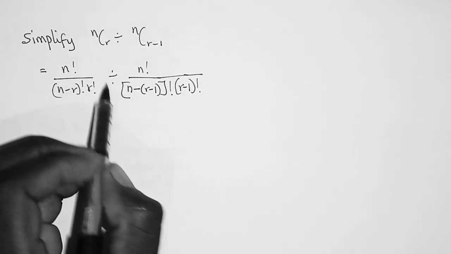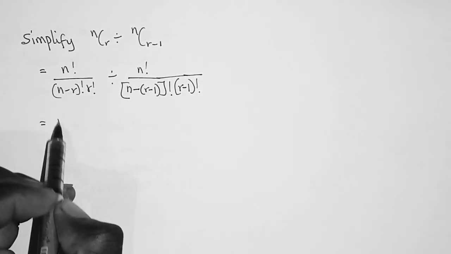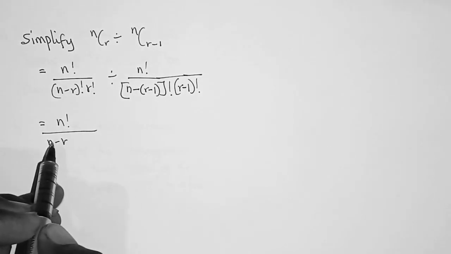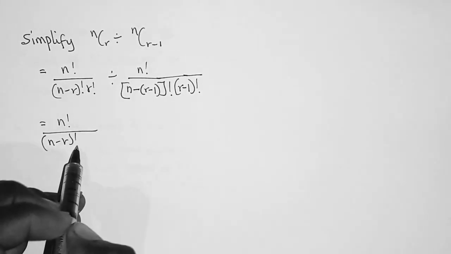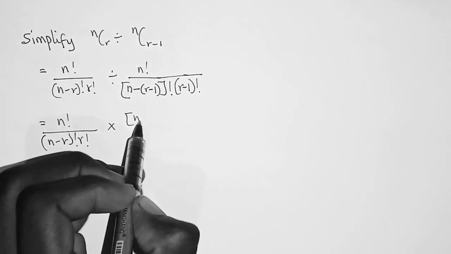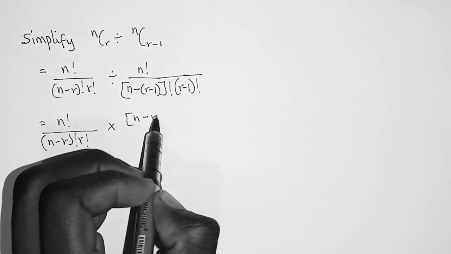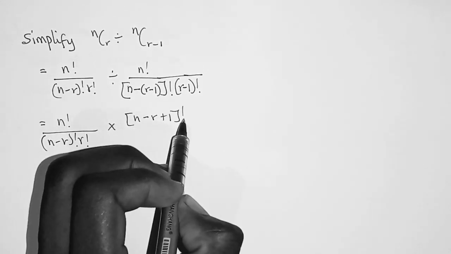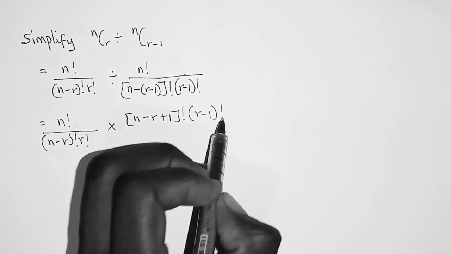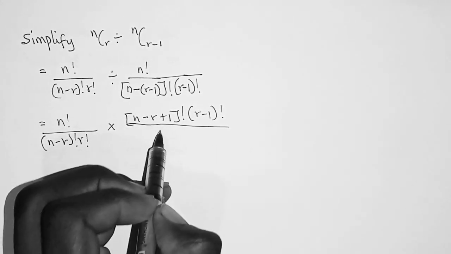So let's change this sign to times. So this is equal to n factorial divided by n minus r factorial, r factorial, times into bracket n minus r plus 1 factorial, r minus 1 factorial, divided by n factorial.